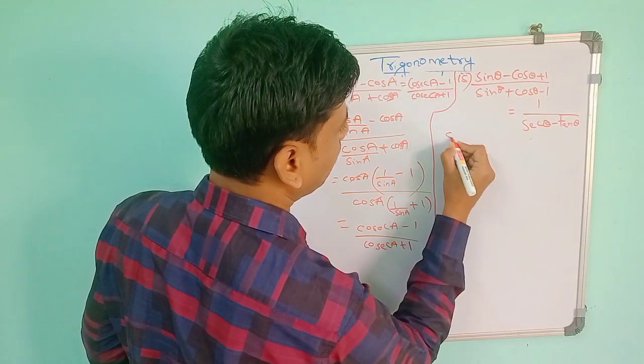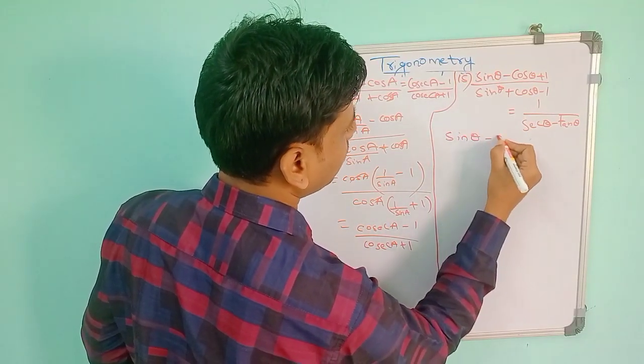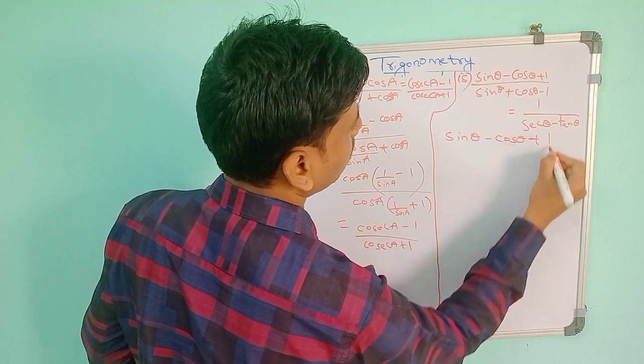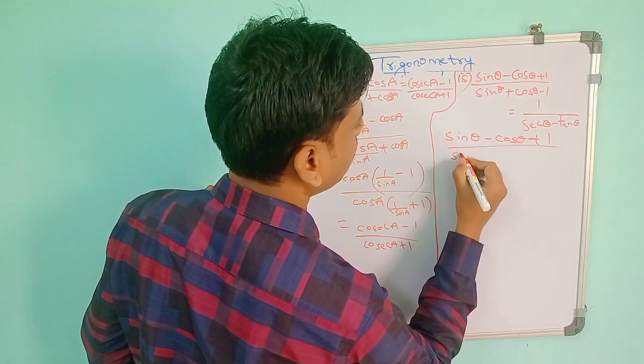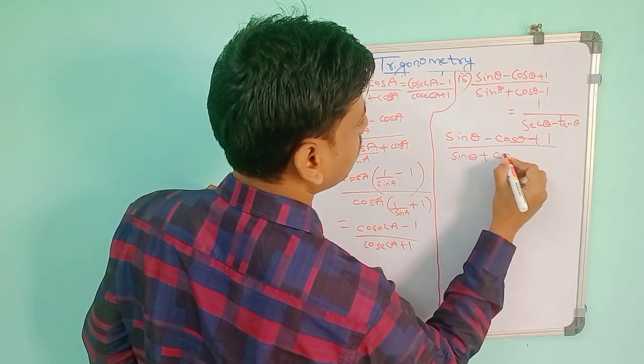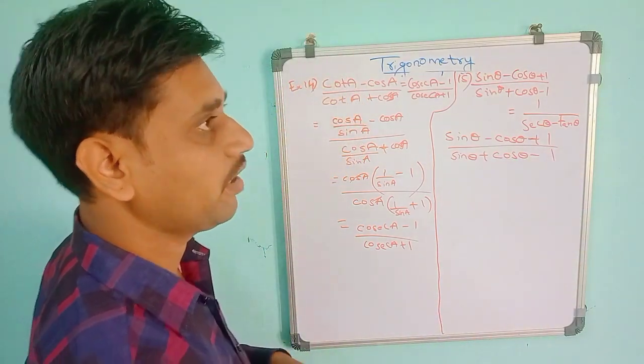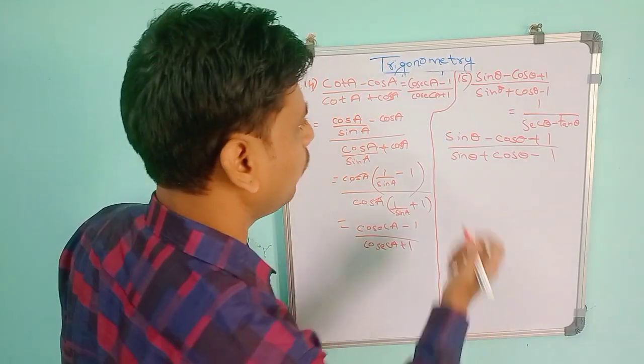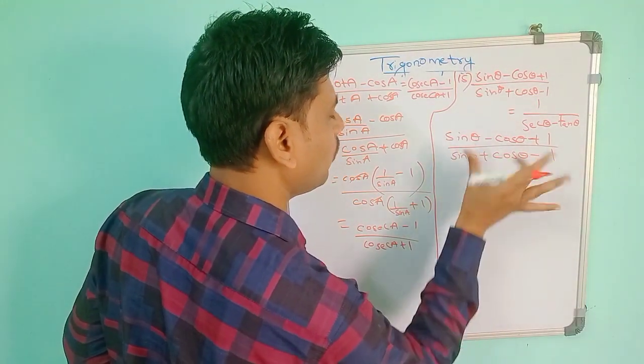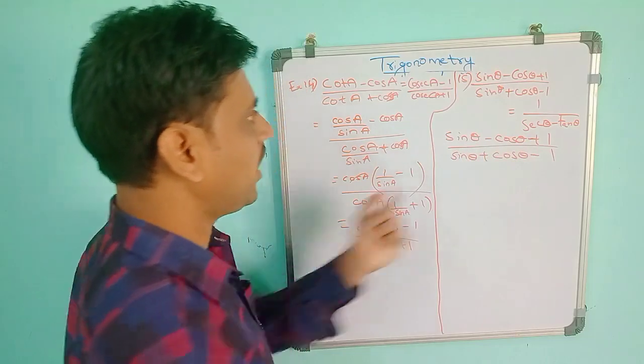So we take the LHS as it is: sin theta minus cos theta plus 1 divided by sin theta plus cos theta minus 1. They told you to use the identity 1 plus tan square theta is equal to sec square theta. So in this we want tan and sec.